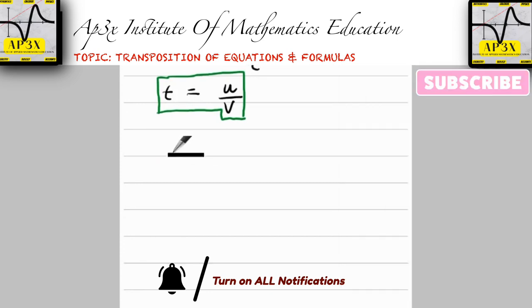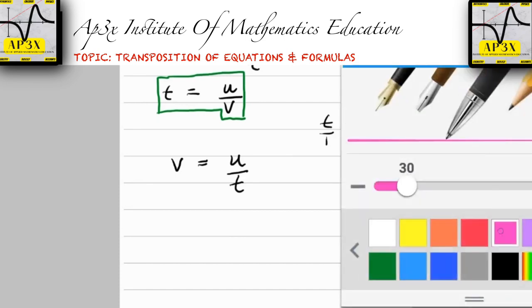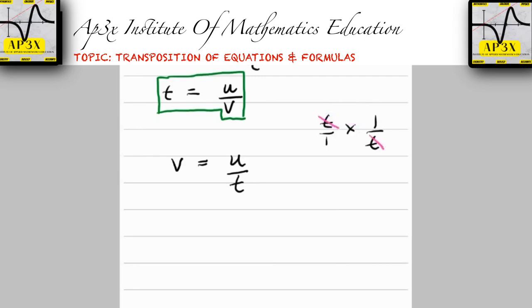So we have V is equal to U over T. What we could do here, and we use this technique mostly at an advanced level, is multiply both sides of the equation by the reciprocal of T. Since T is over 1 normally, you could multiply by the reciprocal, which is 1 over T. And that would automatically cancel the T from that side of the equation.